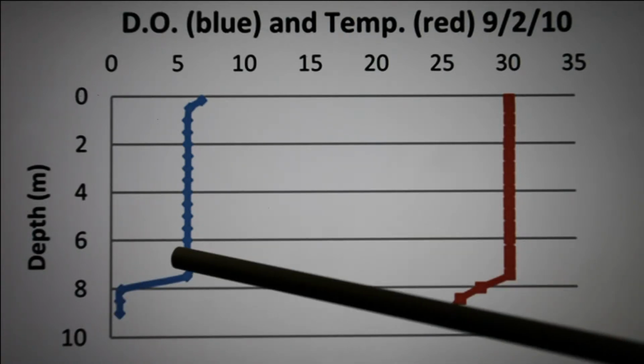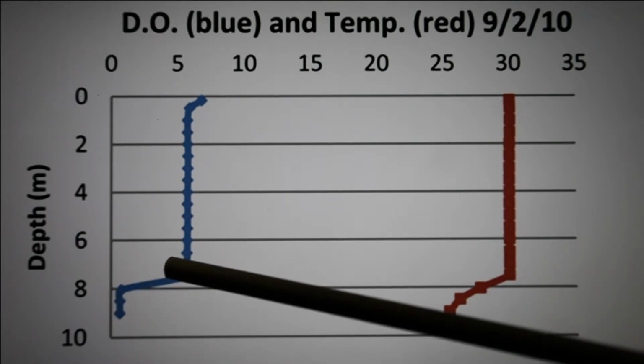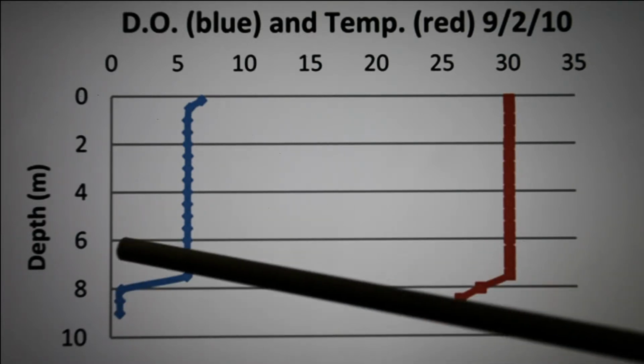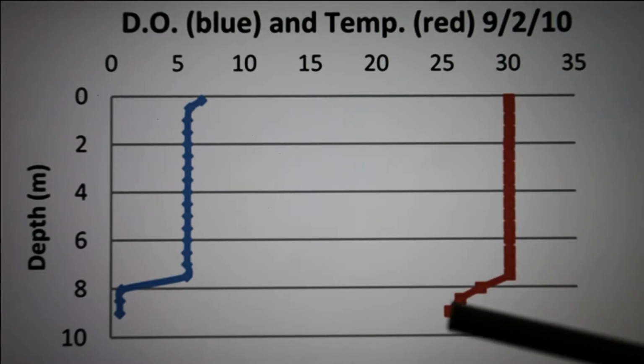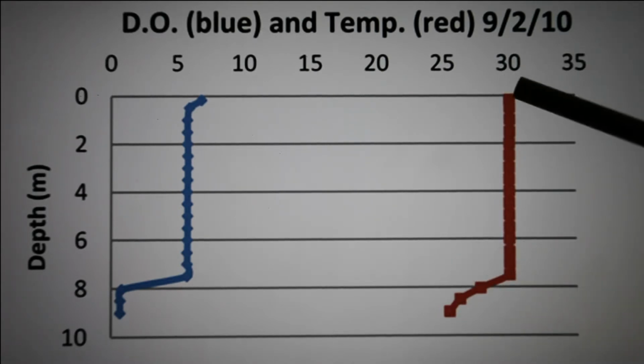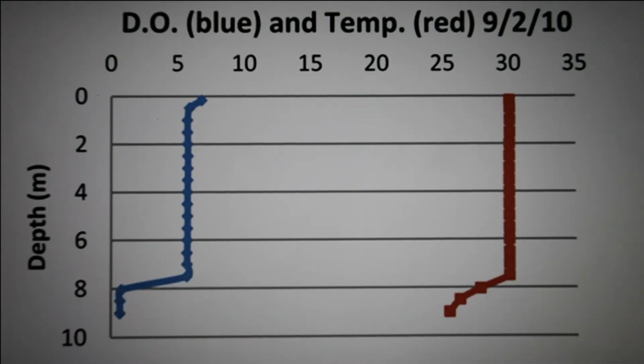So the deeper you get, you begin to see that phenomenon where the oxygen drops out in that more dense, colder layer at the bottom of the lake. You see a similar parallel condition with water temperature as you go down through the water column. So surface to bottom, temperature, dissolved oxygen, and you can see it go out here. This was an example from a lake here locally.